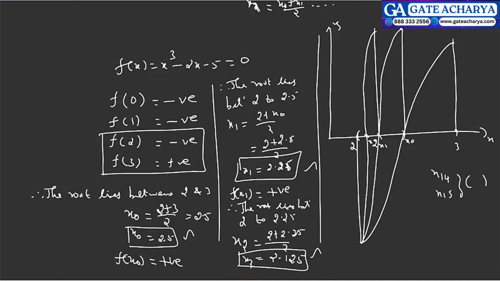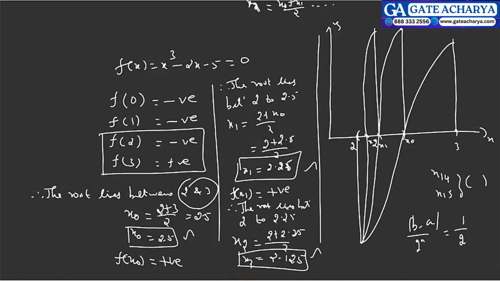So how do we calculate the error of this x2 level? How do you find the error? 2.125 is an approximate value, so some of the terms are missing there. At this level, the error is (b minus a) divided by 2 power n. Here b is the upper limit and a is the lower limit: 3 minus 2, that is 1, divided by 2 power n, where n is the step: first, second, third.